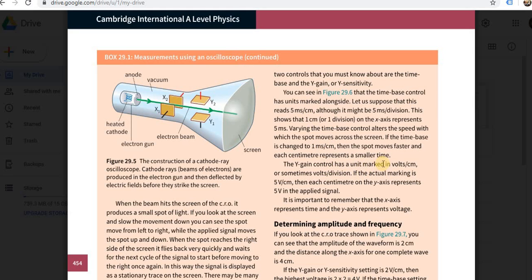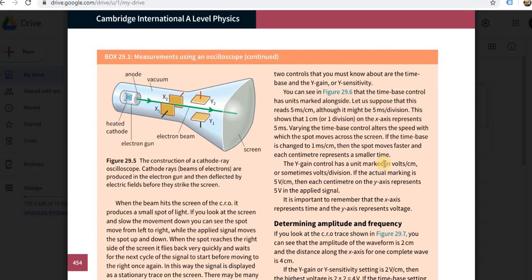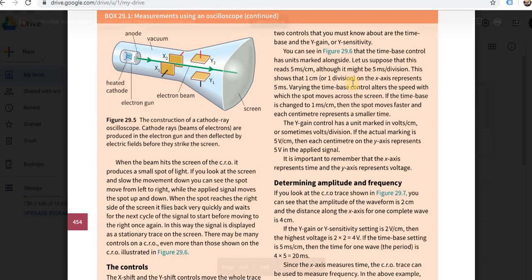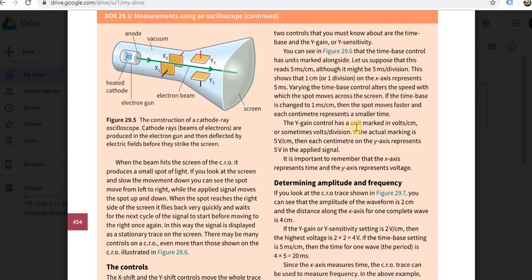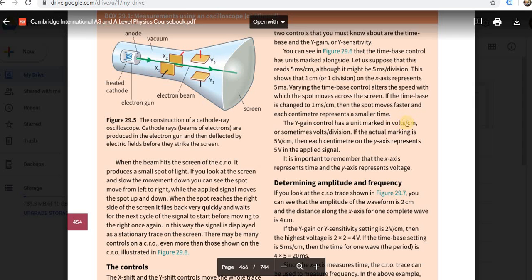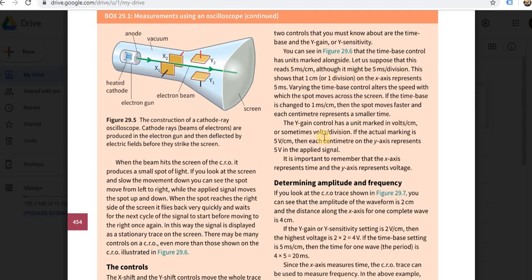The Y gain control has a unit marked in volts per centimeter. So in the x-axis direction it is in milliseconds, in the y-axis direction the unit is volts. So 1 centimeter can be a certain number of volts, for example 5 volts per centimeter, or sometimes volts per division.